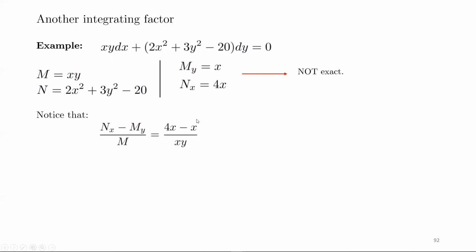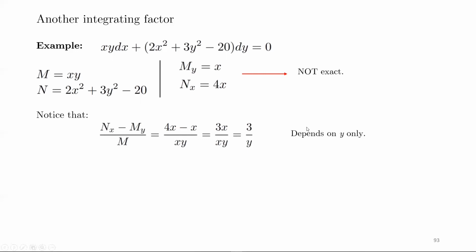Of course this makes 3x over x times y. We get an x on the numerator and the denominator, which cancels out, and therefore this fraction equals 3 over y, a function of y only.